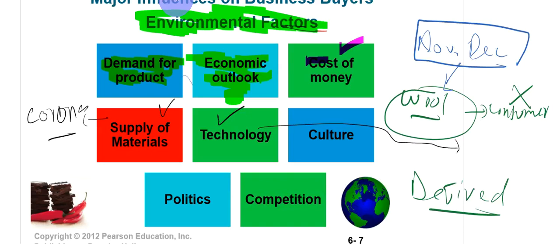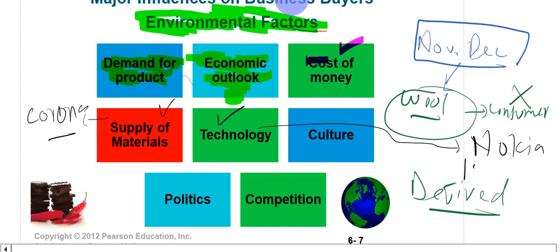We can see this, as we have already discussed in class, in a company called Nokia and a company called BlackBerry.